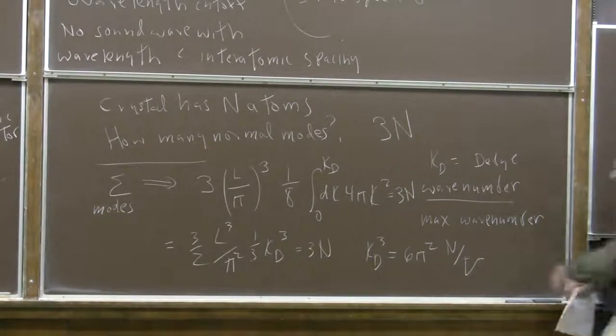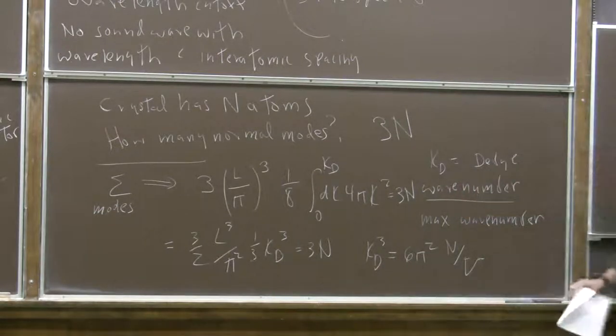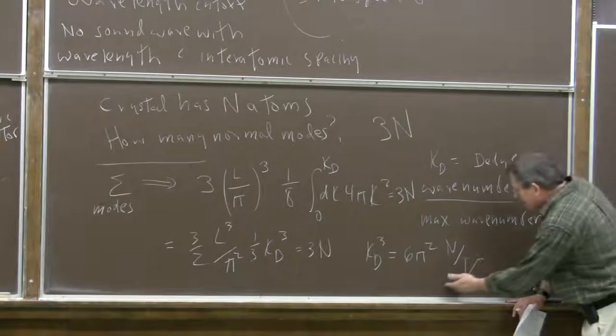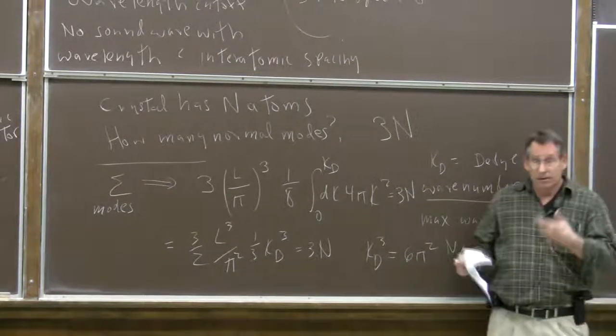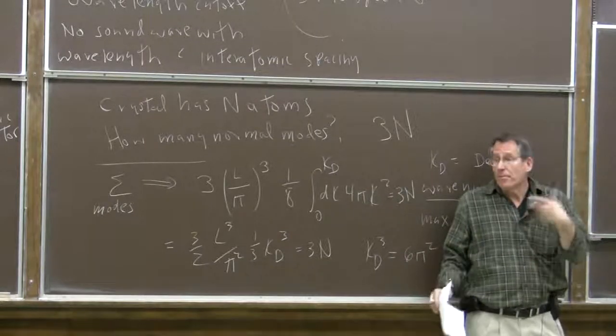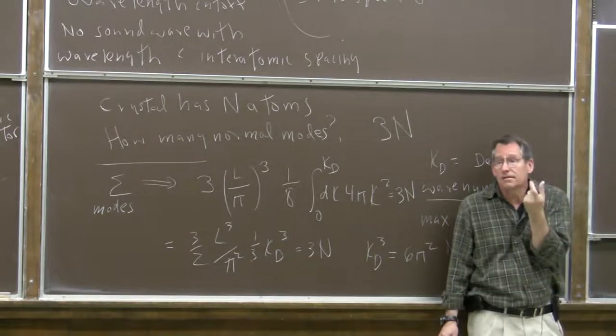So up to some numerical factors, the corresponding wavelength, 2 pi over k Debye, goes like the third root of volume over number of particles. That's the cube root of the volume per particle, essentially the interparticle spacing.